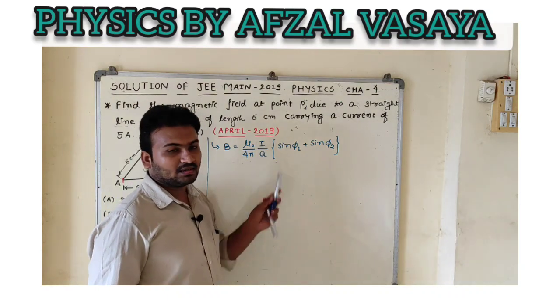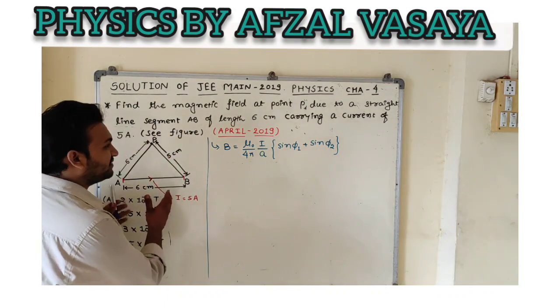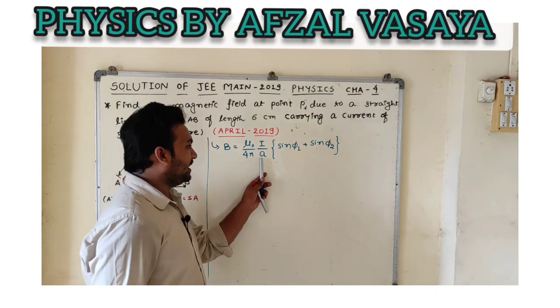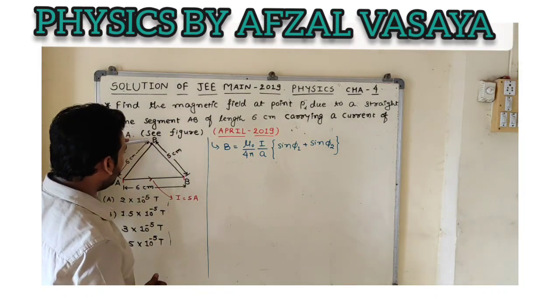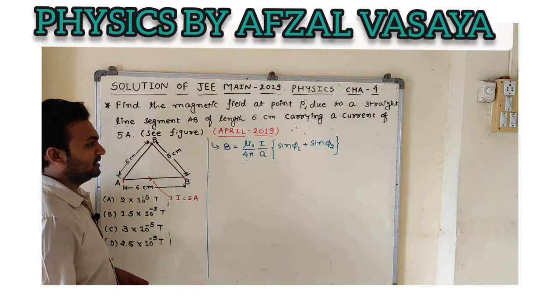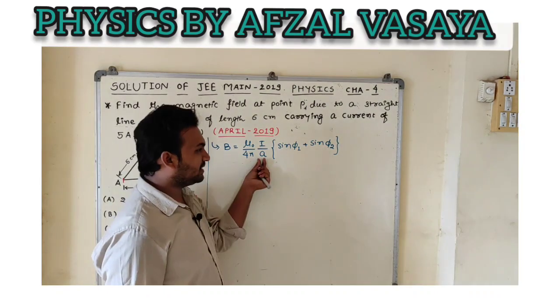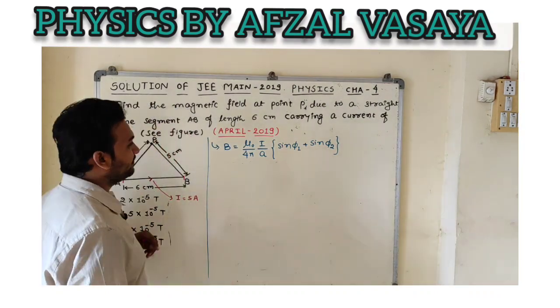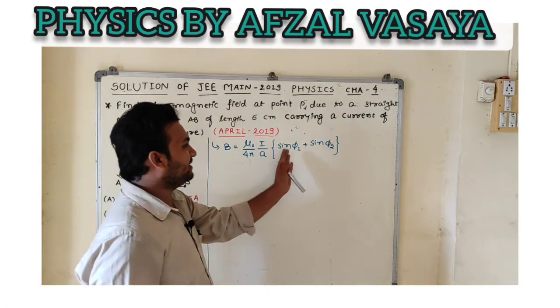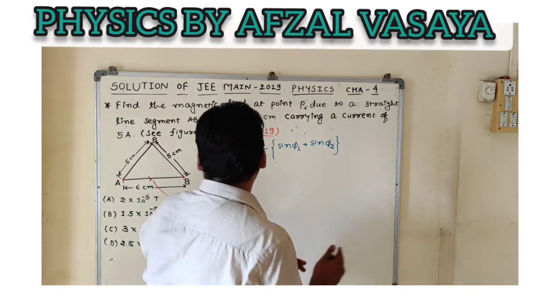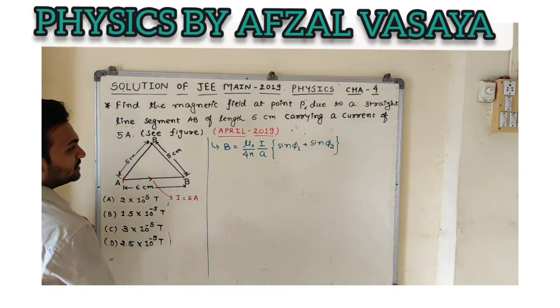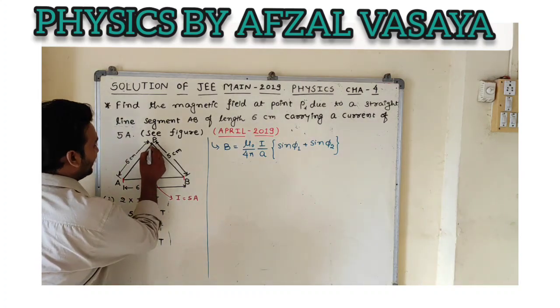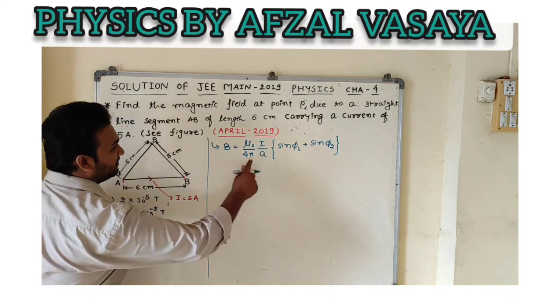I is the current passing through the given wire. A is the perpendicular distance from point P to the wire. So first of all we have to find A from the figure, and sine phi 1 and sine phi 2, where phi 1 and phi 2 are the angles I show you in the figure.